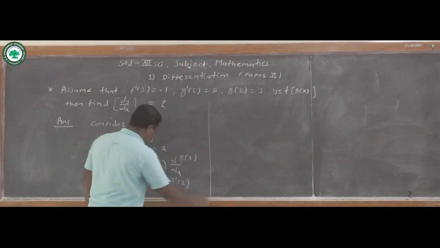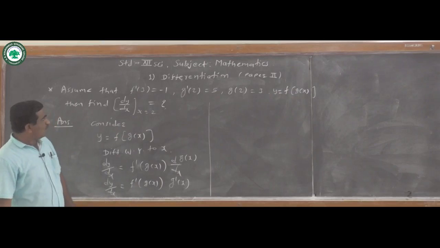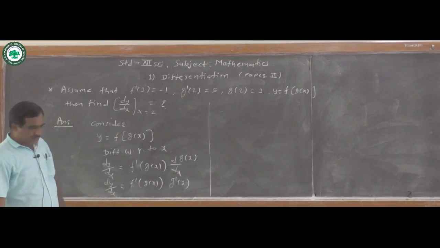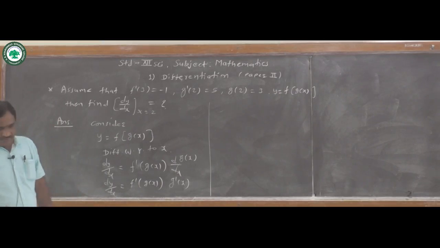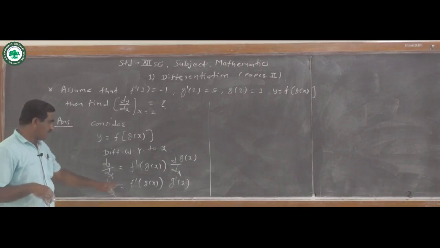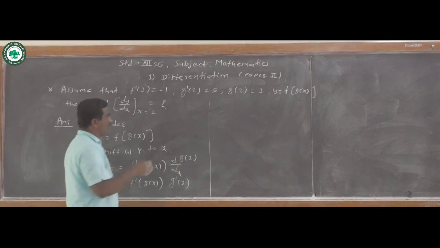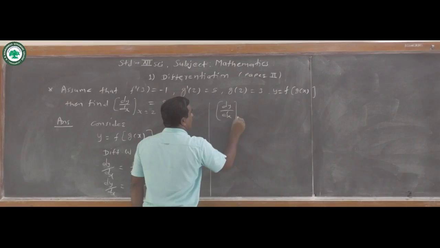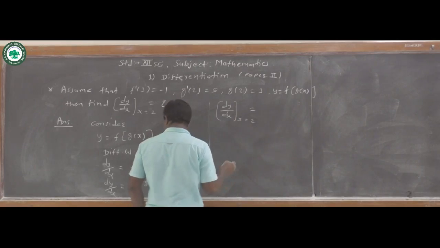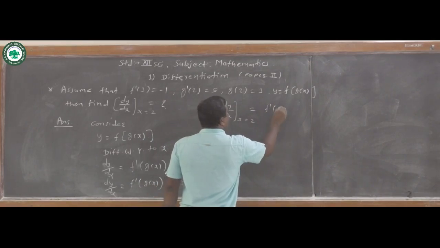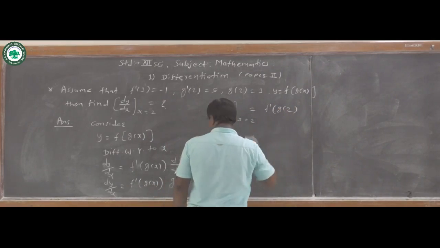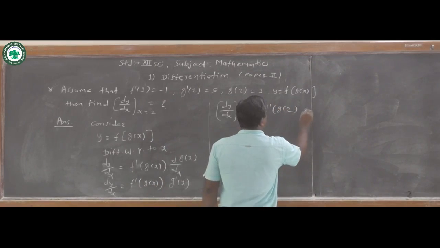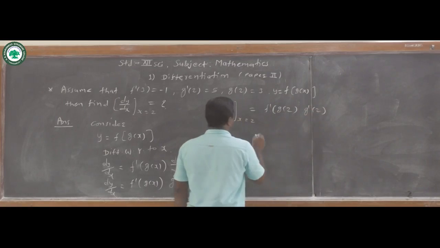Okay. Now we have to give the values of g dash of 2, f dash of 3 and g of 2. Now here we put x is equal to 2, dy by dx at x equal to 2 is equal to f dash of g of 2 into g dash of 2.